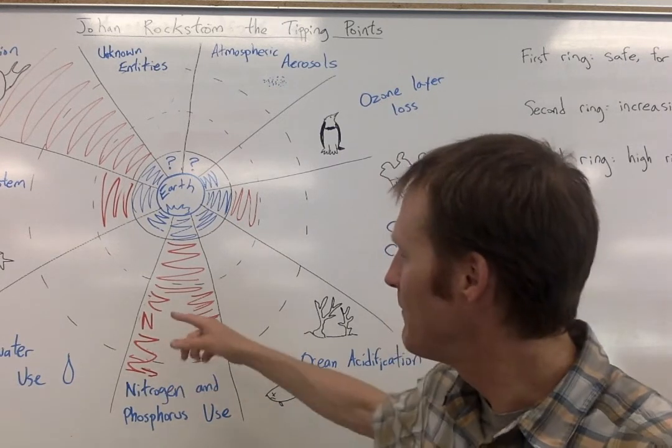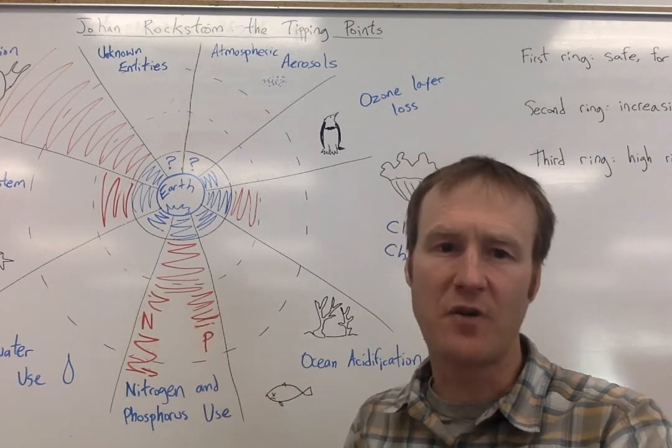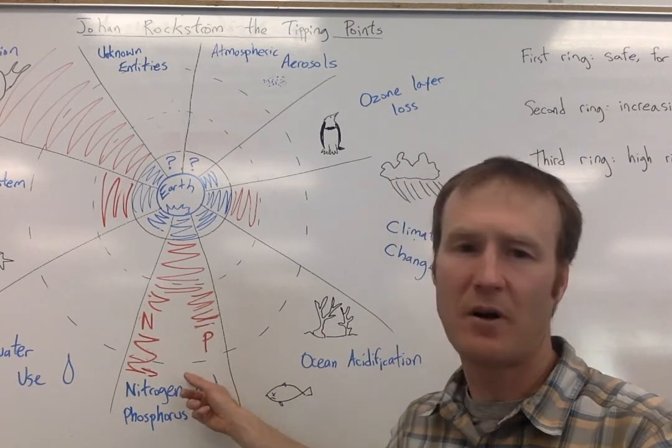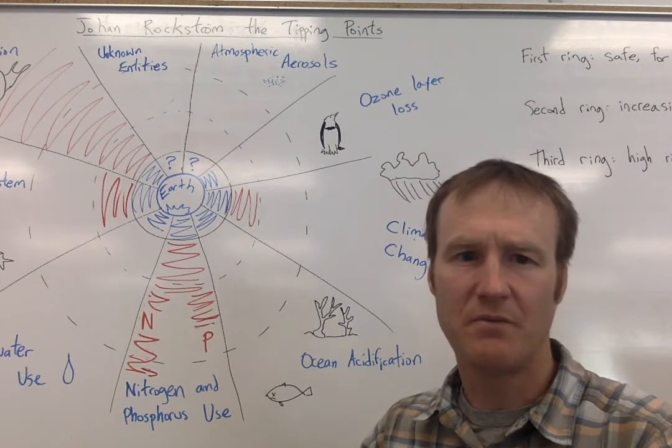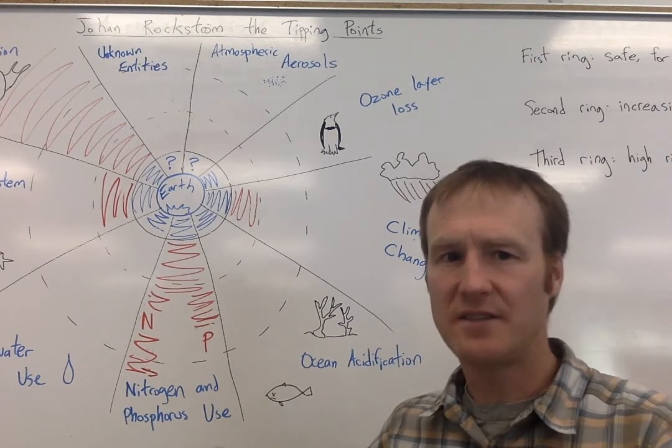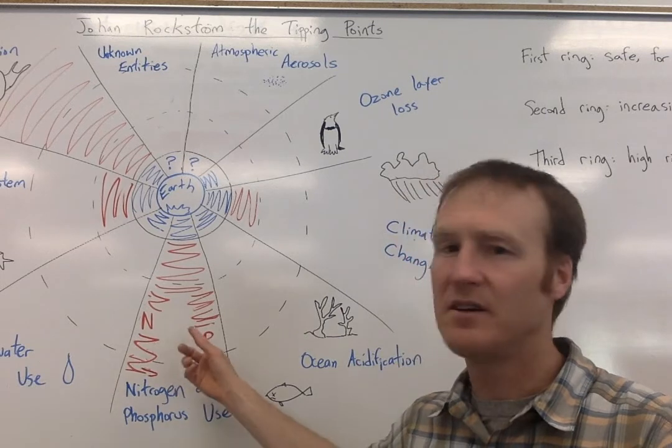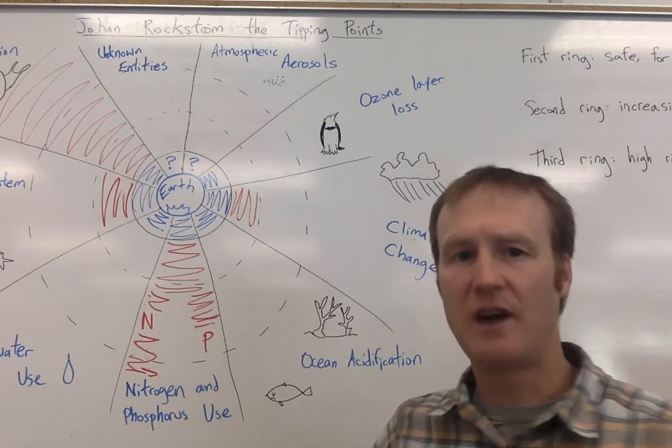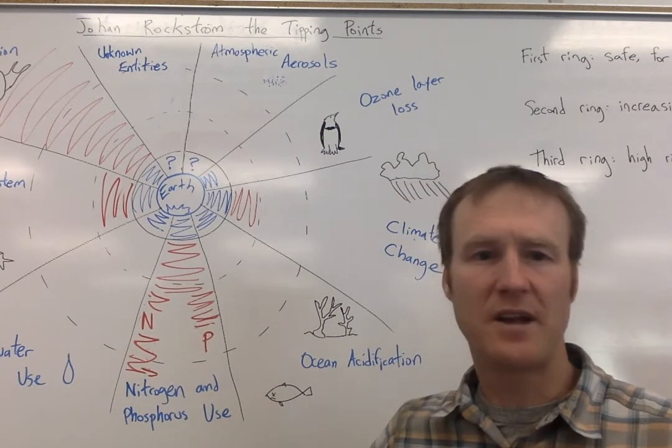This is why nitrogen and phosphorus use are beyond that higher risk zone, because it's easy to demonstrate that we're using too much fertilizer for the natural environment.